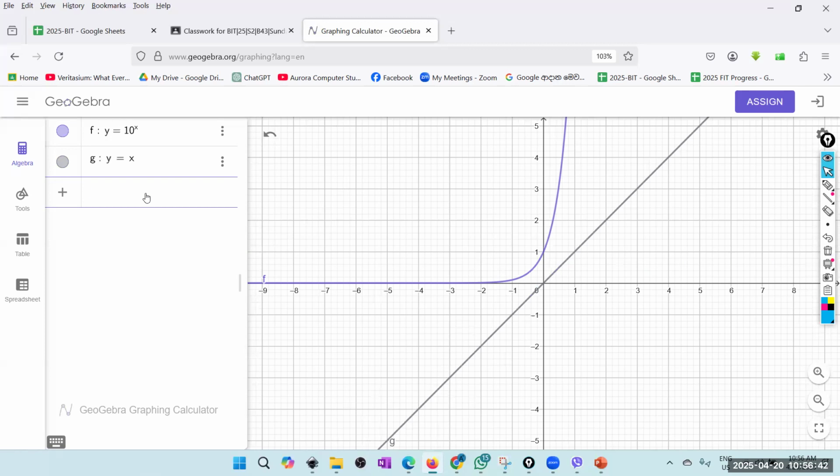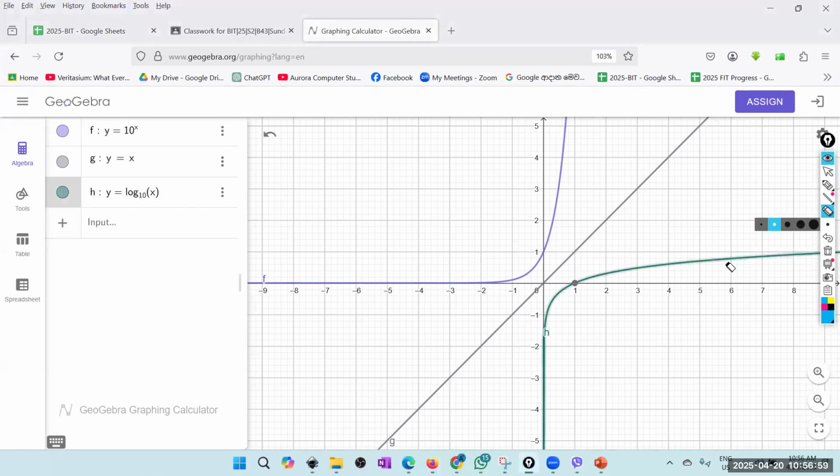So therefore this is y equal log 10 x. You can see that this is y equal log 10 x, right? So it is the mirror image of this.